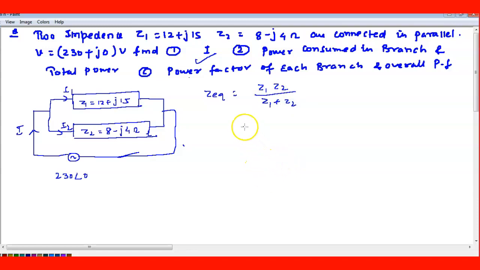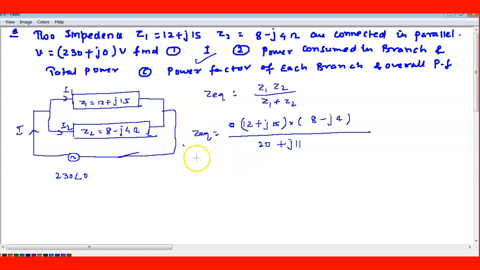So Z1 into Z2, which is 12 plus J15 and 8 minus J4, and Z1 plus Z2 we can add, 12 plus 8 is 20, and 15 minus 4 is 11, right? So this is Z equivalent.